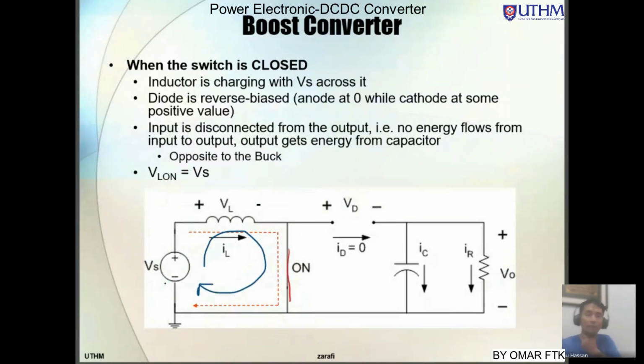That means the supply is charging the inductor current. That is during the switch on.